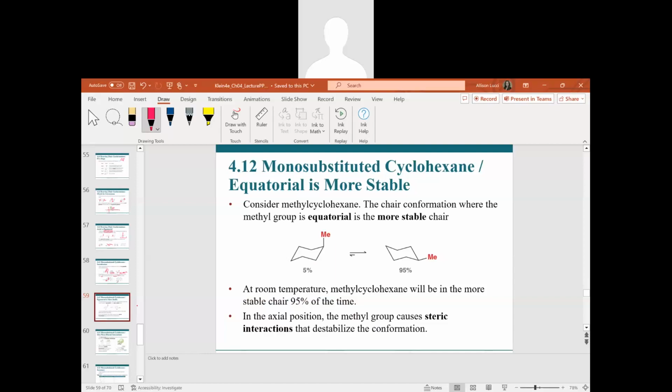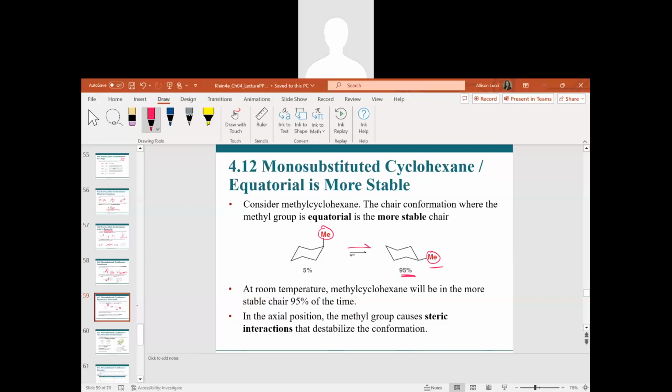So let's take a look at when we start adding substituents. So we have a methyl substituent shown in each our axial and equatorial position. And we're told that it's not really in equilibrium so much, but this position on the right is favored about 95% of the time. It's more stable.